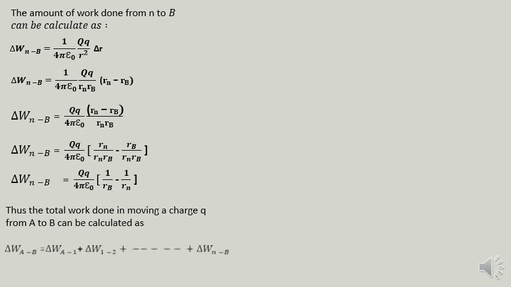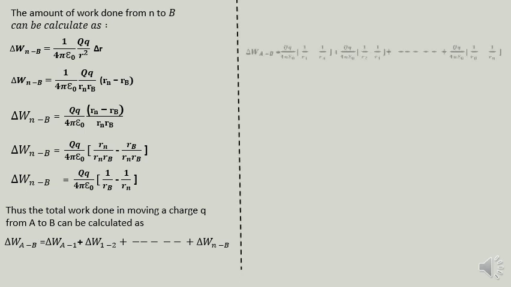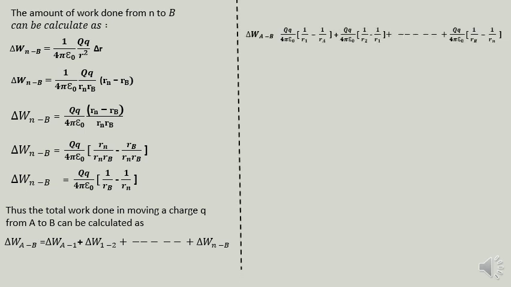So we get delta W A to B is equal to delta W A to 1 plus delta W 1 to 2 plus delta W 2 to 3 and so on to delta W n to B. By putting the values, delta W is equal to Qq upon 4 pi epsilon naught 1 over R1 minus 1 over RA plus Qq upon 4 pi epsilon naught 1 over R2 minus 1 over R1 plus so on to Qq upon 4 pi epsilon naught 1 over RB minus 1 over Rn.